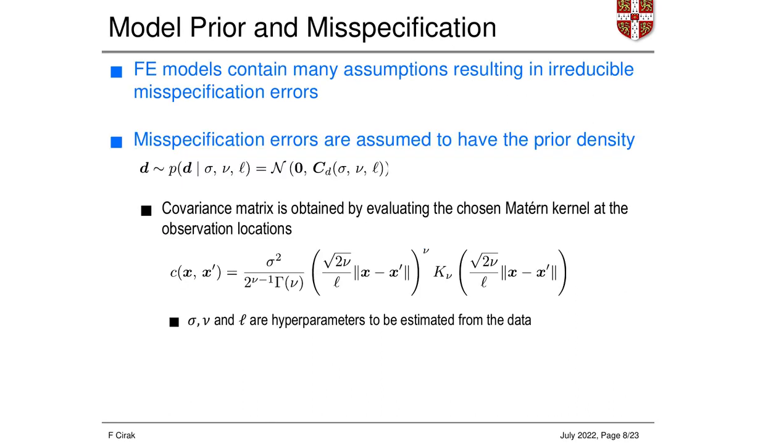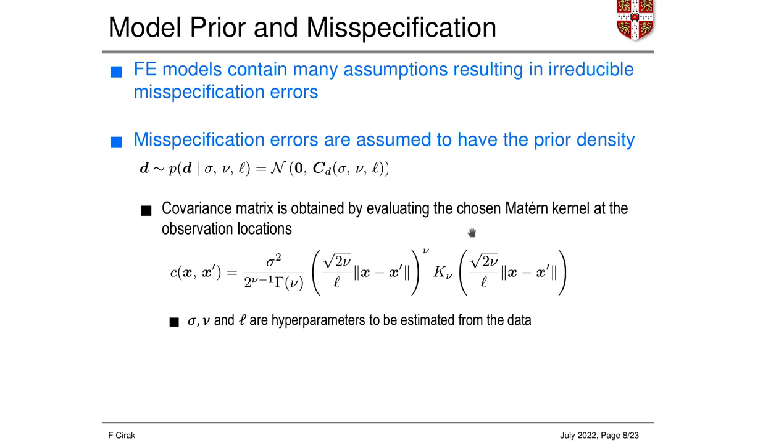When specifying the finite element prior, we need to bear in mind that the finite element models contain assumptions which result in irreducible misspecification or discrepancy. As we have discussed earlier, this discrepancy can be represented as a random vector D, which is assumed to follow a multivariate normal distribution with the mean vector 0, and a covariance matrix CD.